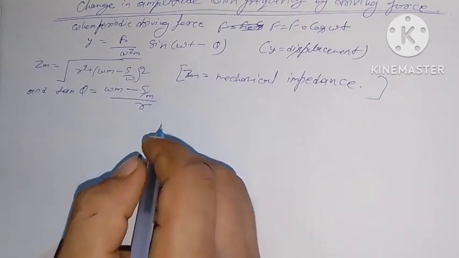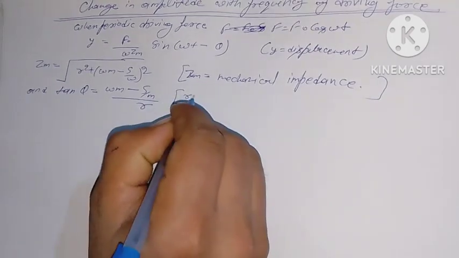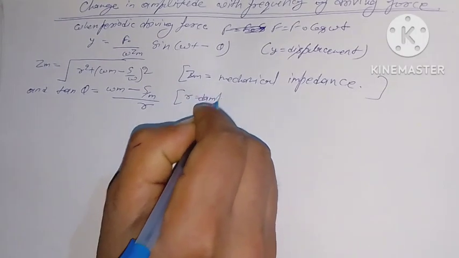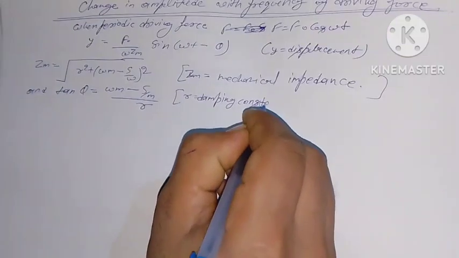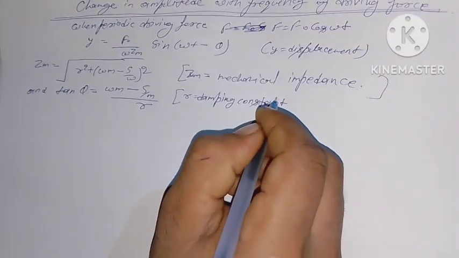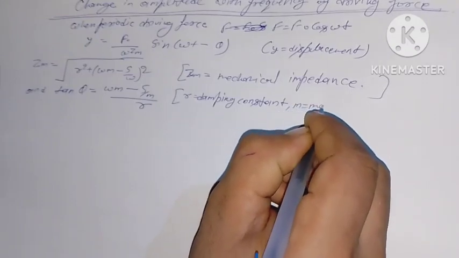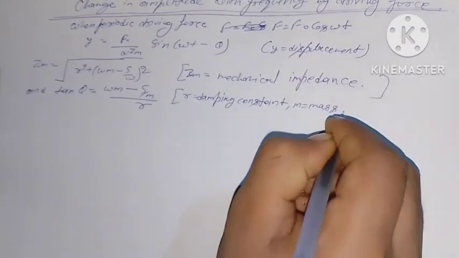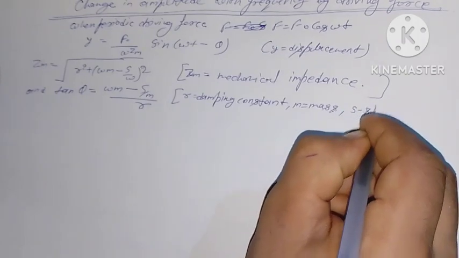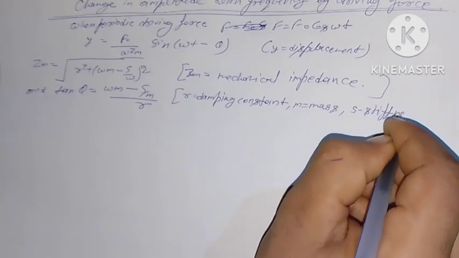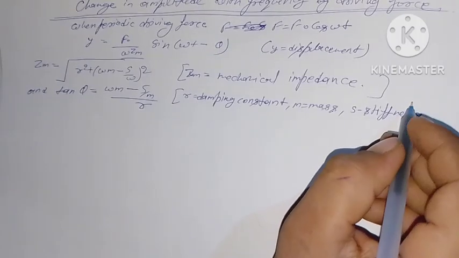Here r is the damping constant, m is the mass, and s is the stiffness or spring constant of the oscillator.